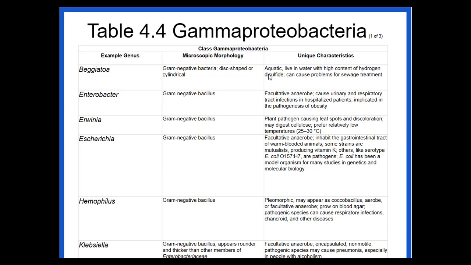It inhabits our digestive system. It can produce vitamin K. Pero yun nga, may mga strain na deadly, like this strain O157:H7. This is a pathogen. It's also a model organism for many studies in genetics and molecular biology.